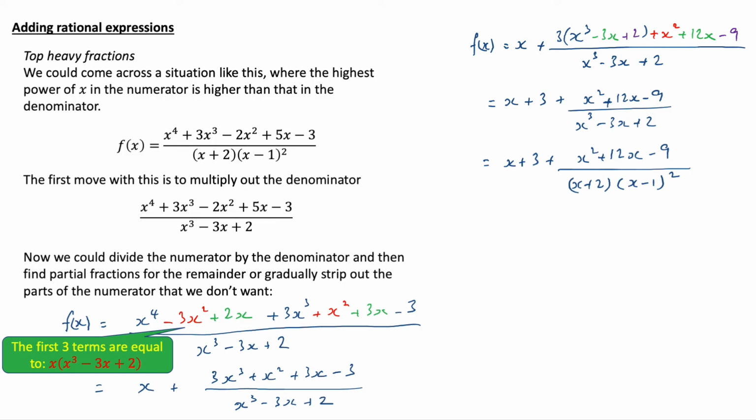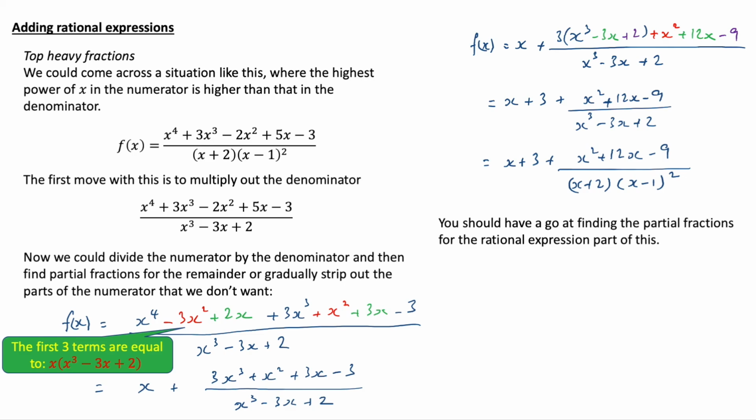And we can then write the denominator back in the form of the original function. So we've got x plus 3 plus x squared plus 12x minus 9 over x plus 2 times x minus 1 squared.